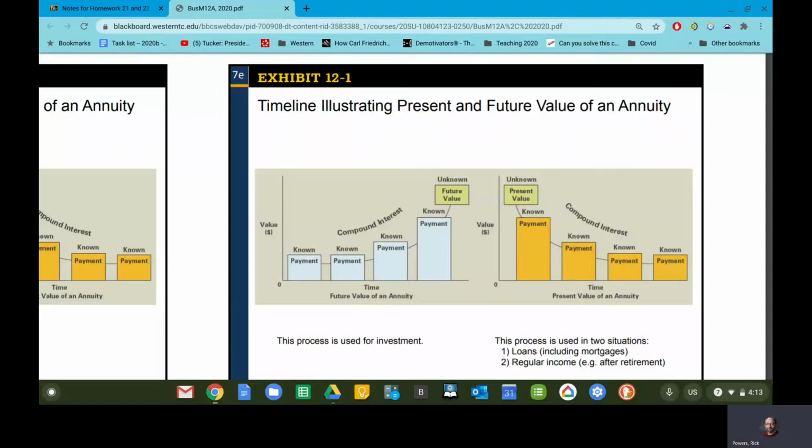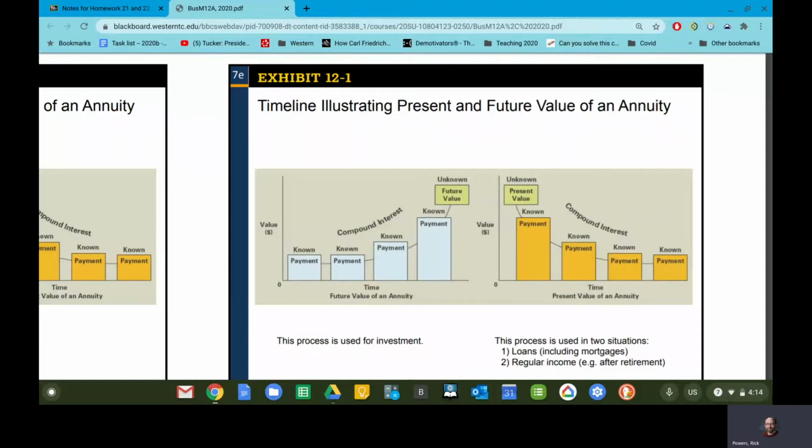You pay the interest, but you also pay down the principal. So the amount of the loan decreases as you pay off the principal and you also pay off the interest, and it declines and declines and declines. And so you're taking a large present value, which is the amount of the loan, and then it decreases over time. That's one situation for the present value annuity.